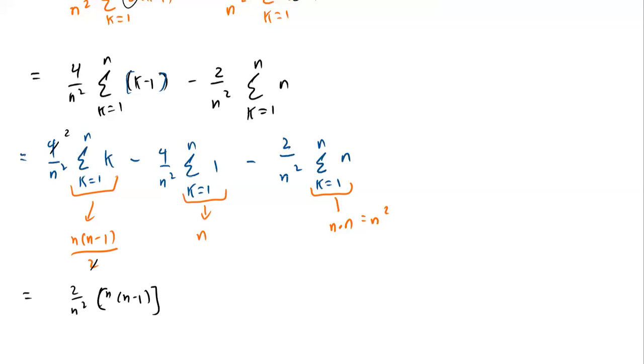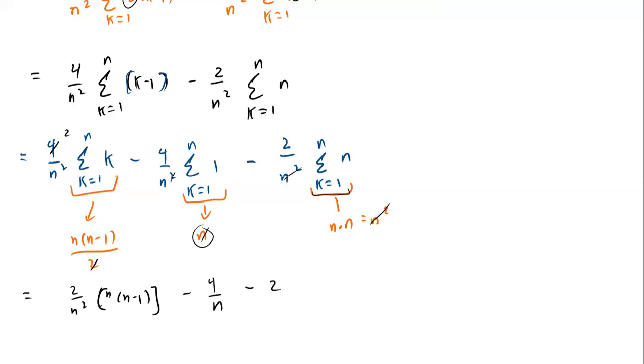Here, I have minus 4 over n squared times n, right? All this thing here is n. So 1 n cancels out, and I'm just left with 4 over n minus, again, 2 times, well, what do we have here? This whole thing here is n squared. So the n squared on the top cancels with the n squared on the bottom, and this is just 2.